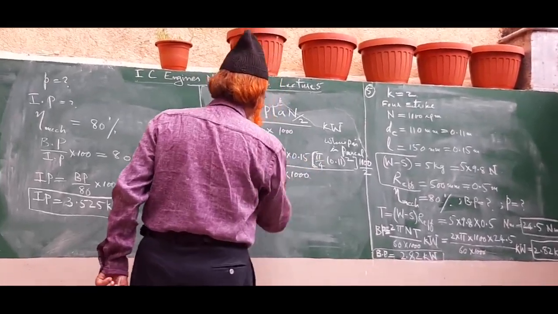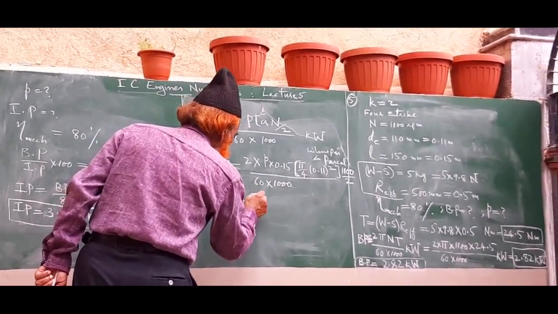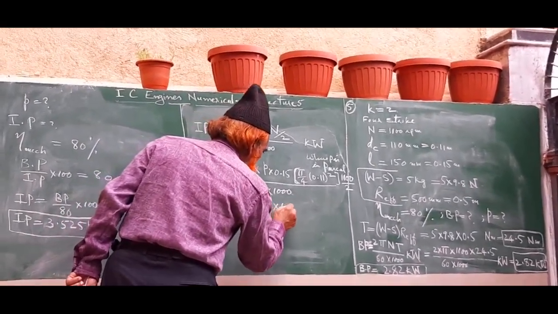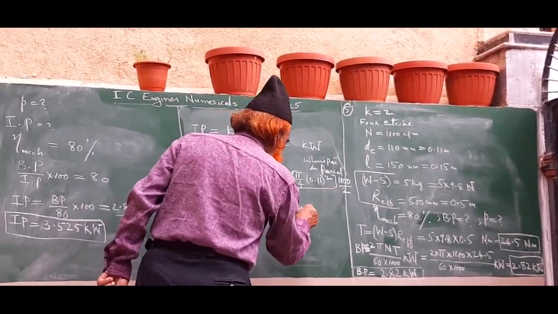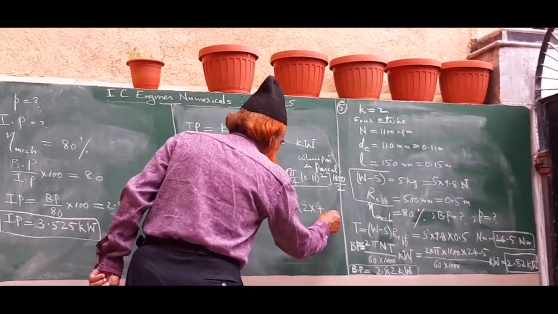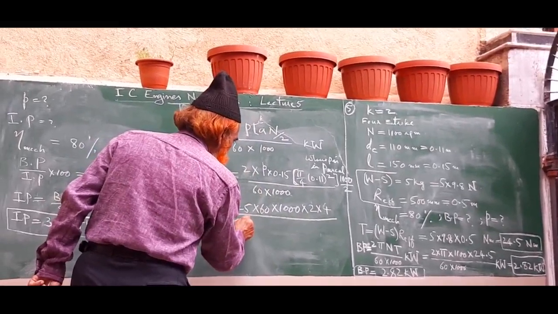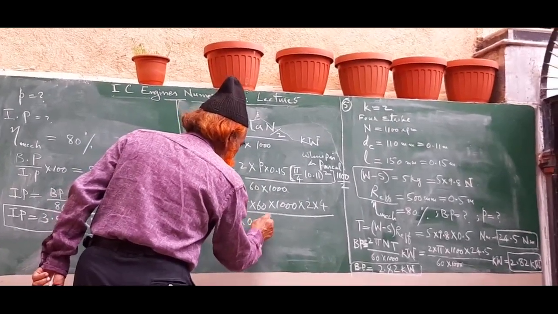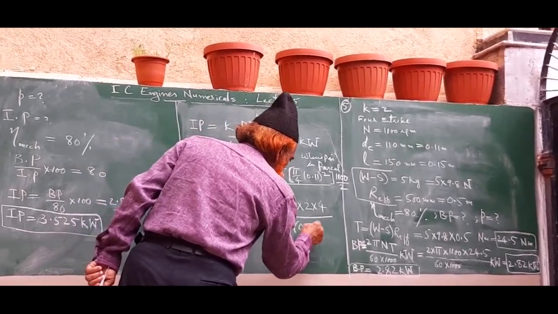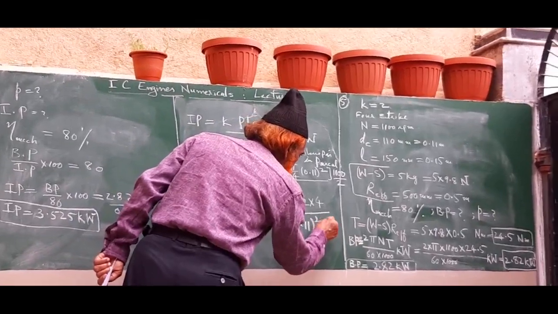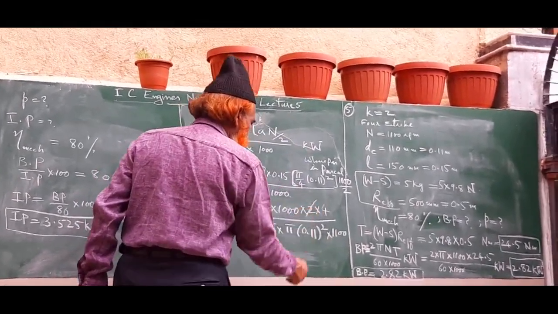Therefore, P is equal to 3.525 into 60 into 1000 into 2 into 4, divided by 2 into 0.15 into pi into 0.11 square into 1100. The 2s cancel, no need of 2 again.